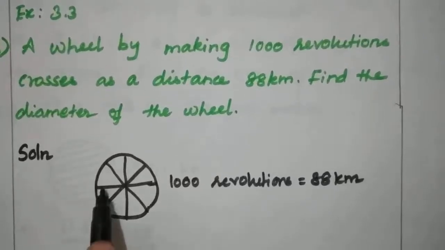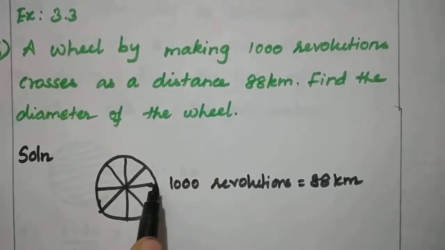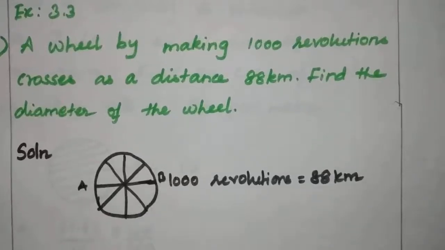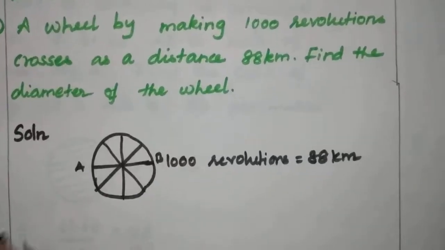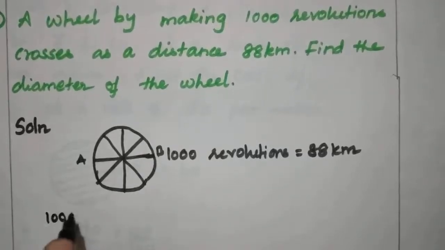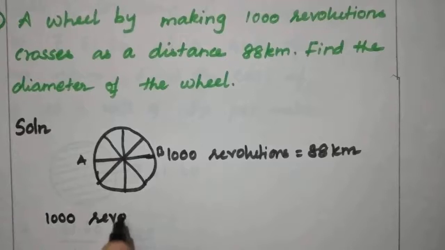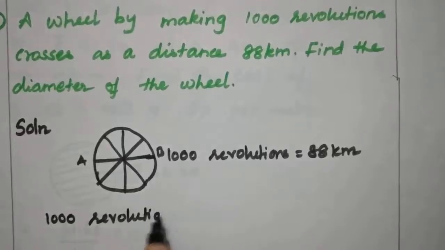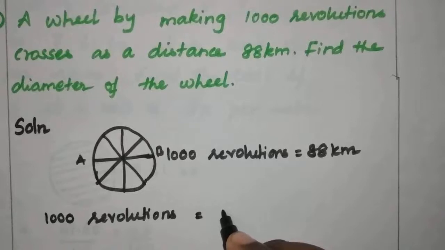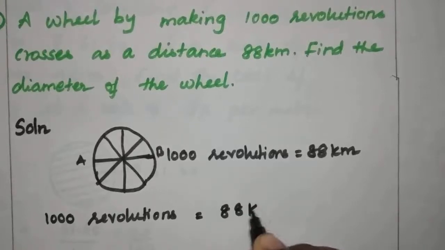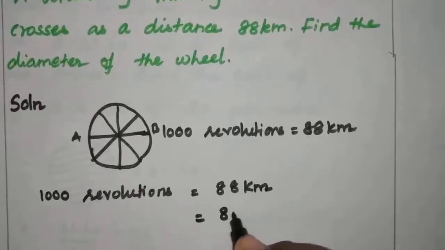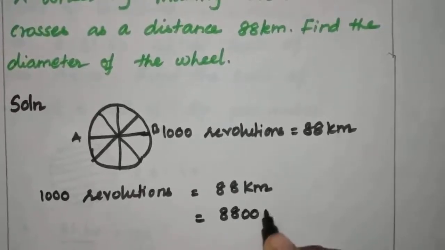Now they ask you to find the diameter of the wheel. So this AB is the diameter of the wheel. So 1000 revolutions cross a distance of 88 km, which you can write in meters, that is 88,000 meter.